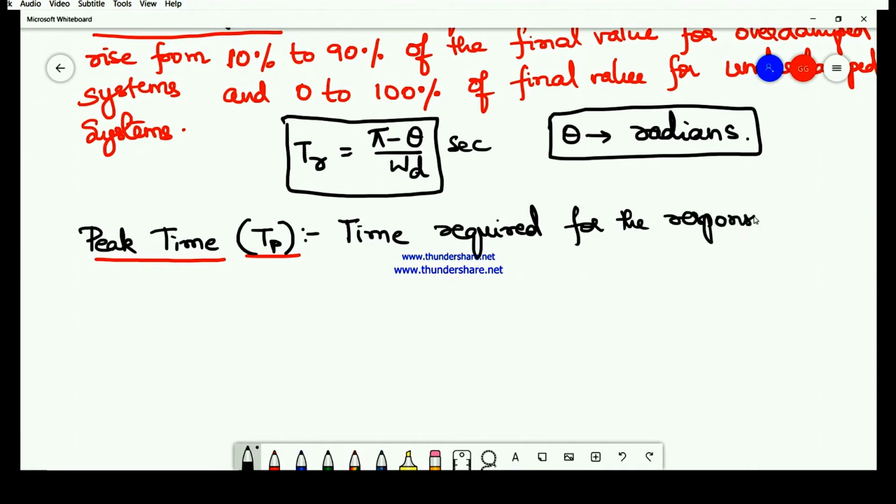It is the time required for the response to reach its peak value, which is related to the maximum peak overshoot that we see in the curve.